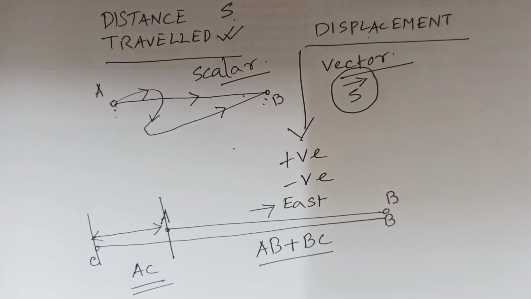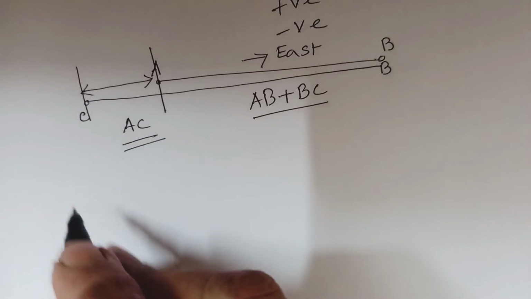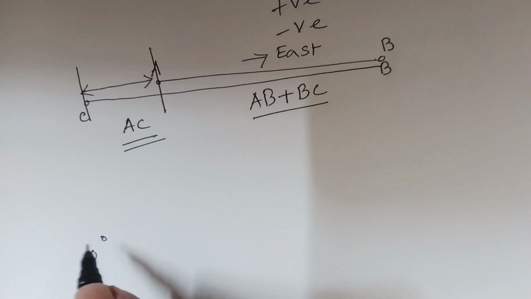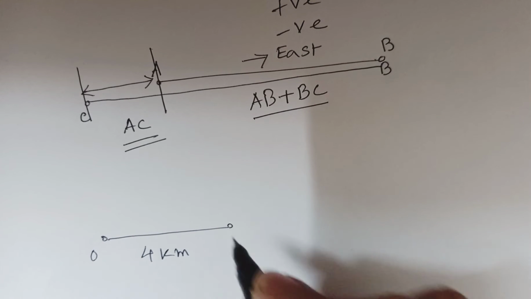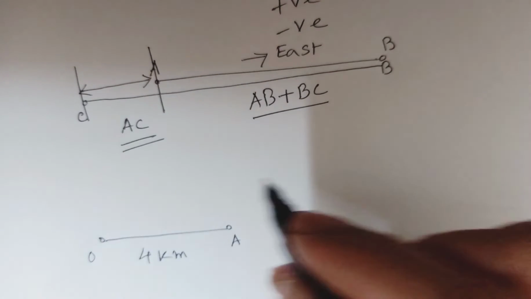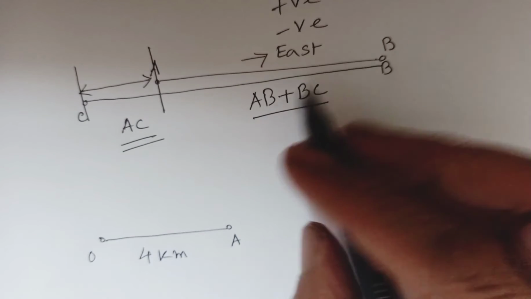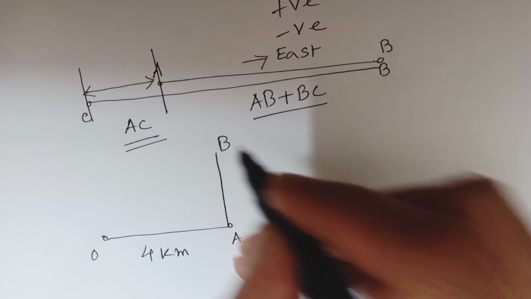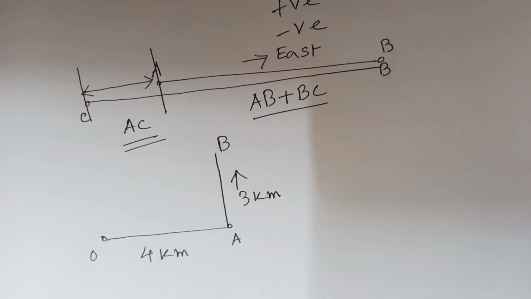Okay. Now another thing, for example, this is the initial point of a body, say O. The body moves 4 kilometer towards east, from O to A. Then from A to B, this is 3 kilometer towards north.